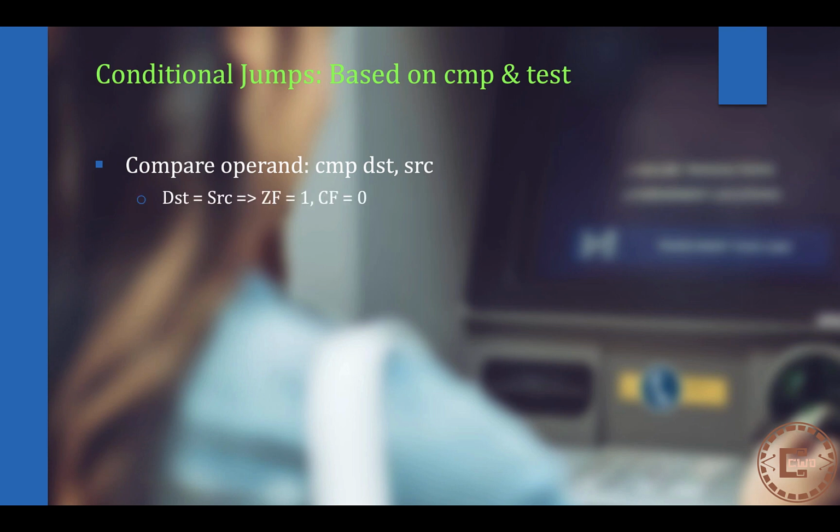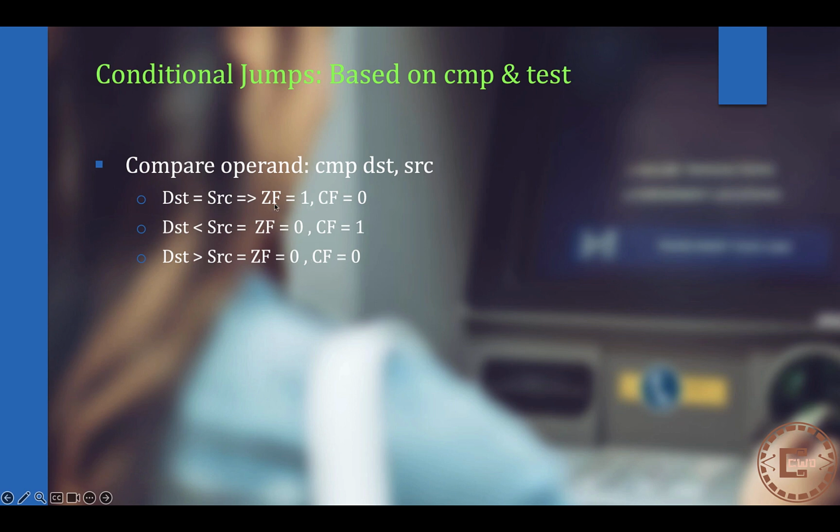If the destination and source are the same, then the zero flag is set to 1 and the carry flag is 0. If the destination is less than the source, then the zero flag is 0 and the carry flag is 1. If the destination is bigger than the source, the zero flag is 0 and the carry flag is 0.